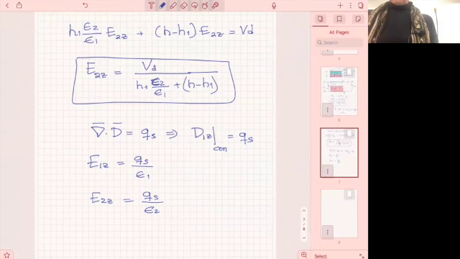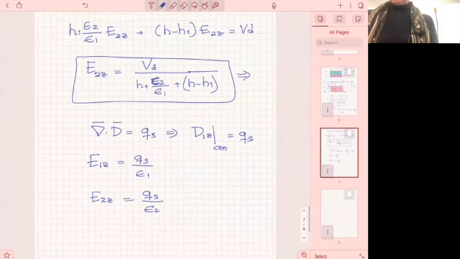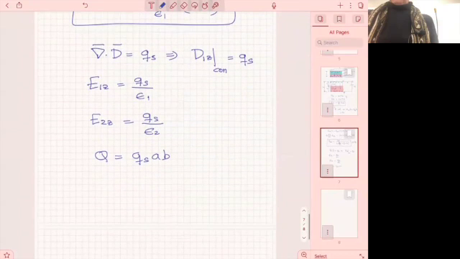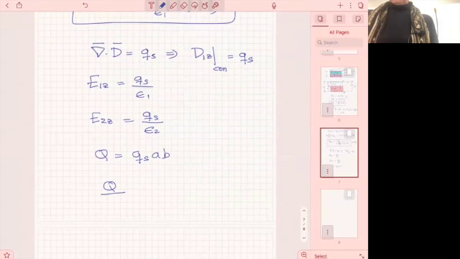You're going to find Q sub S, and from Q sub S, we're going to find Q. And from Q over V sub D, we will find the total capacitance.